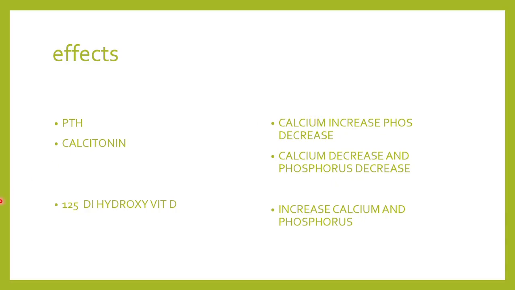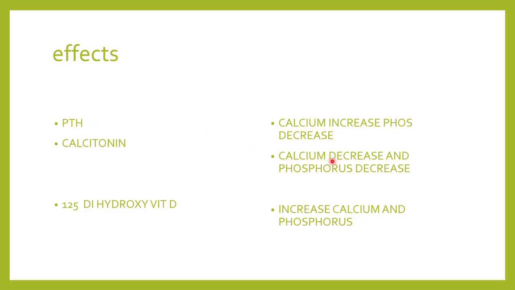Similarly, you have another hormone called calcitonin, which is produced by the C cells of the thyroid, very close by. Calcitonin decreases the calcium and decreases the phosphorus. So calcitonin has an opposite effect compared to PTH with respect to calcium.